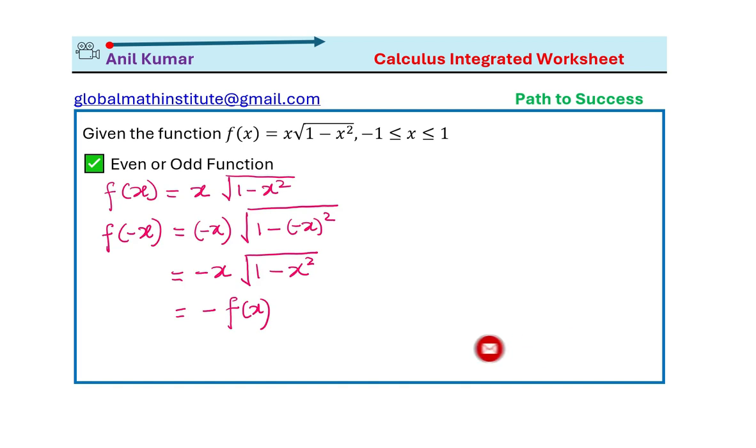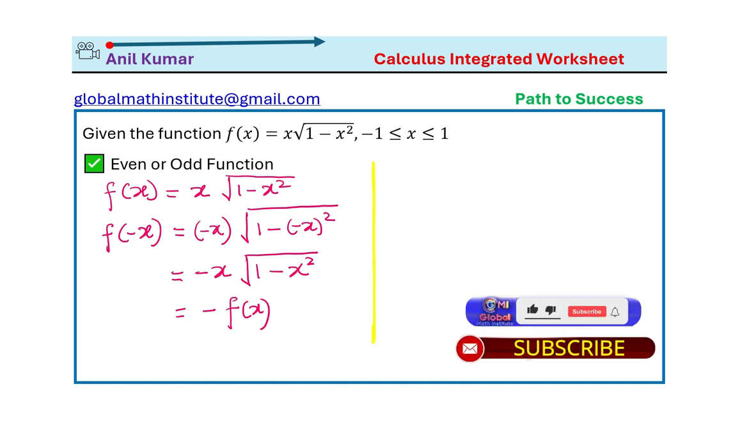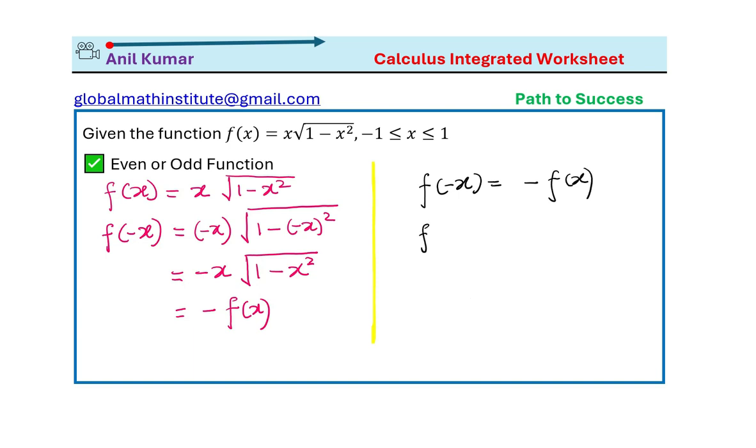Now, since we know that f of minus x is equal to negative of f of x, we can say that f of x is an odd function. Makes sense, correct? First step. Odd function means what? Odd function means it is symmetric about the origin, okay?